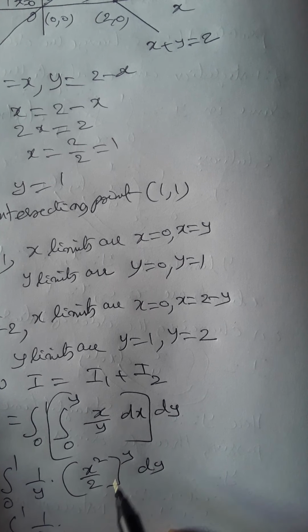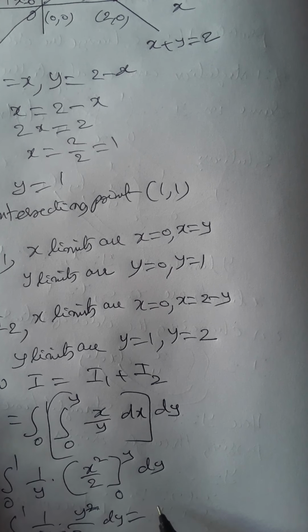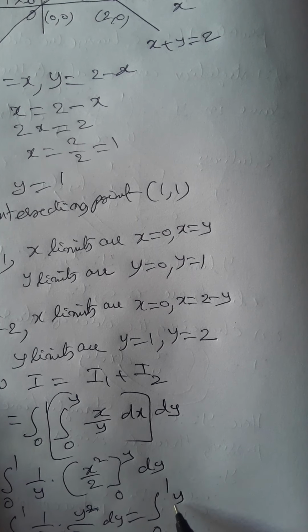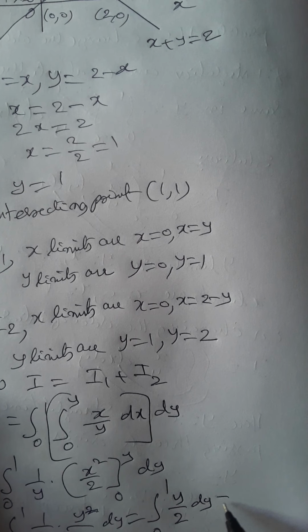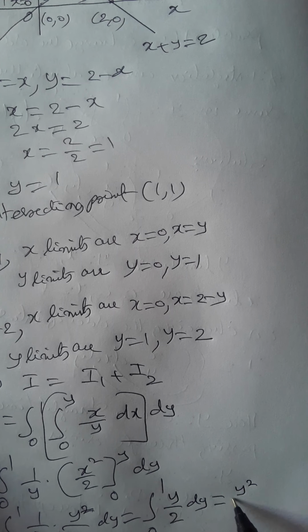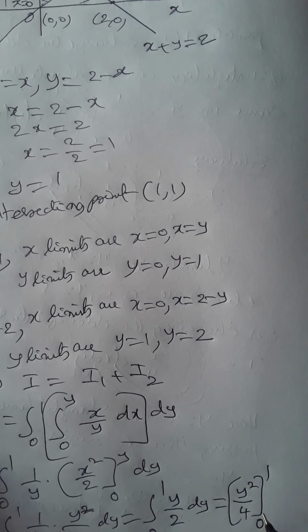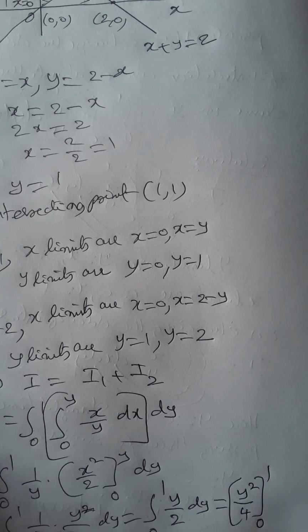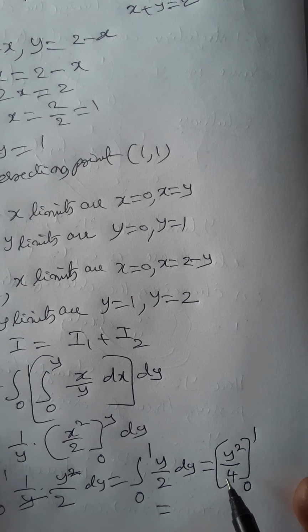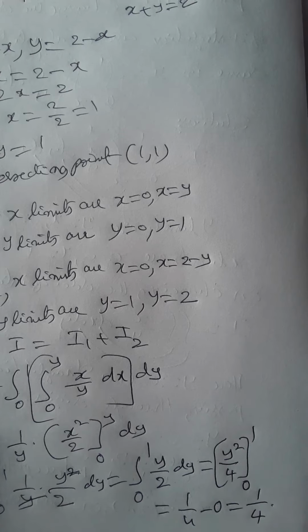Substituting the upper limit, instead of x you write y square by 2 minus the lower limit 0. Y cancels here. So integral 0 to 1 of y by 2 dy. Y integration gives y square by 2, and 2 is already there, so 2 into 2 is 4, from 0 to 1. Substituting the upper limit, we get 1 by 4 minus 0, which is 1 by 4. Your I1 is 1 by 4.